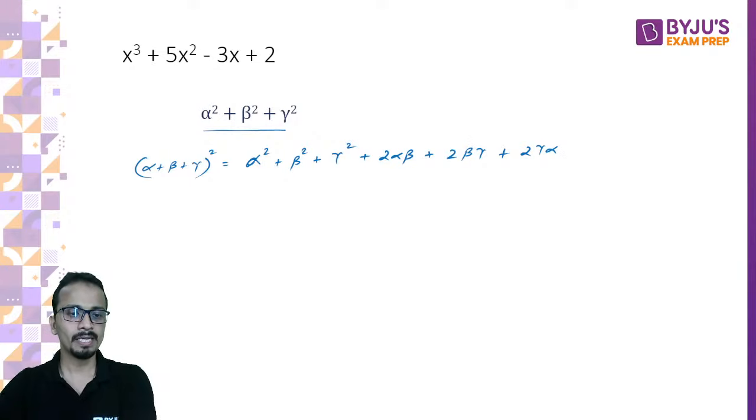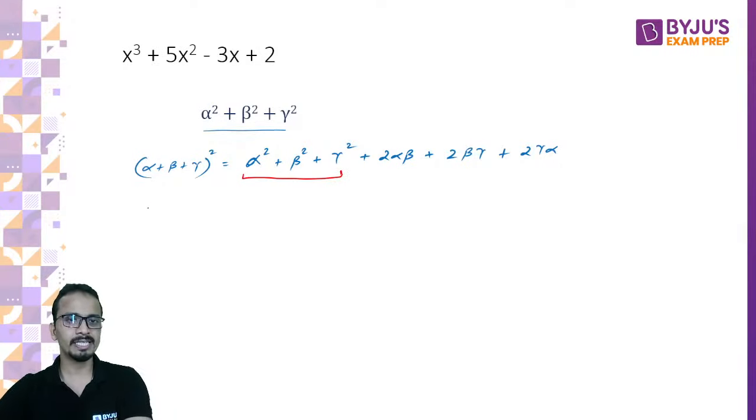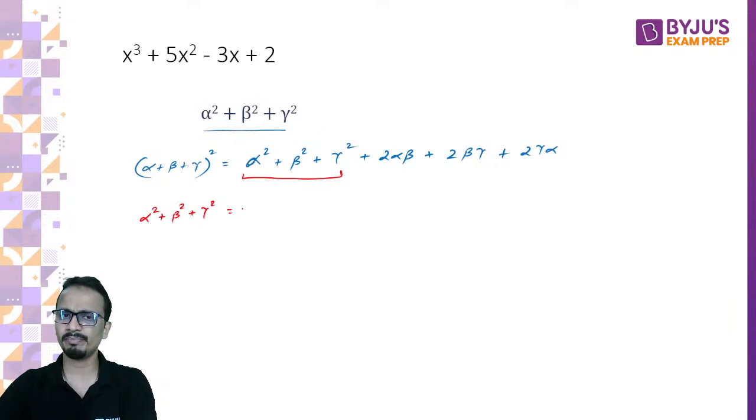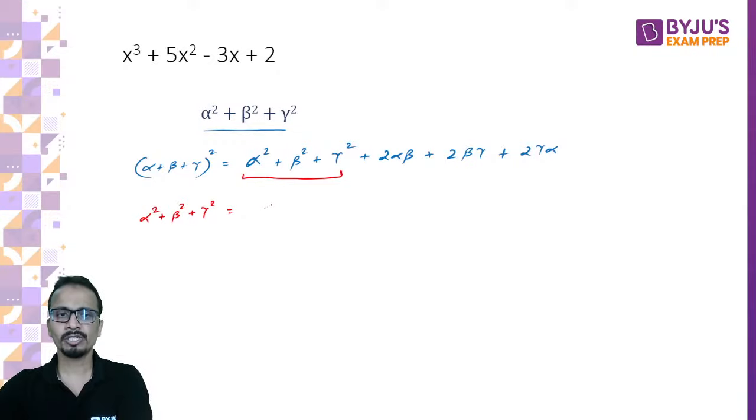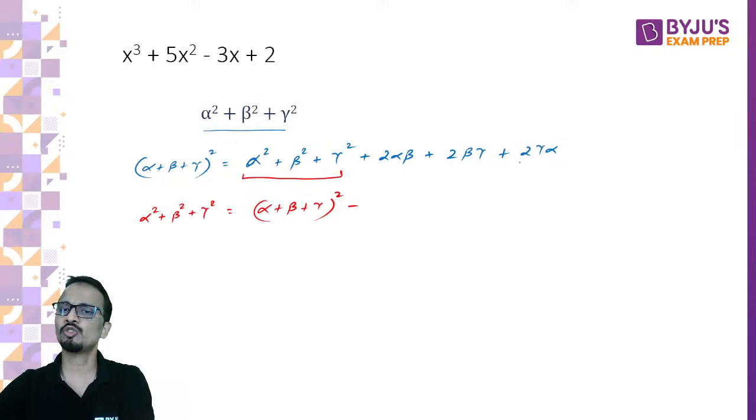Now we have to find the value of the expression alpha square plus beta square plus gamma square. Take it to the left hand side, leave it separately and take the remaining portion to the other side. So it can be written as alpha plus beta plus gamma whole square minus twice of alpha beta minus twice of beta gamma minus twice of gamma alpha.